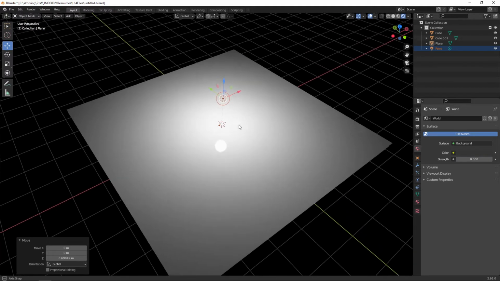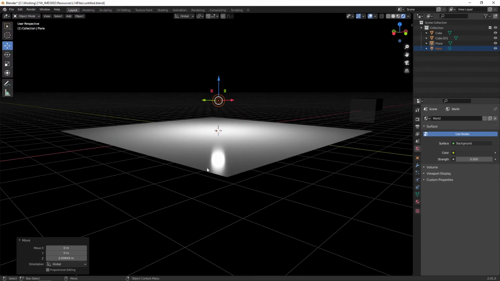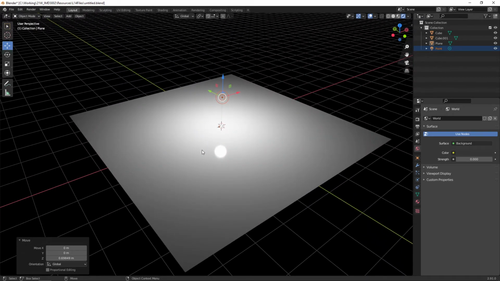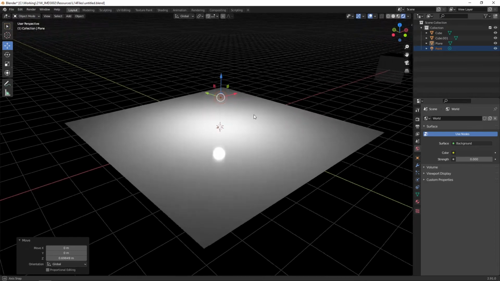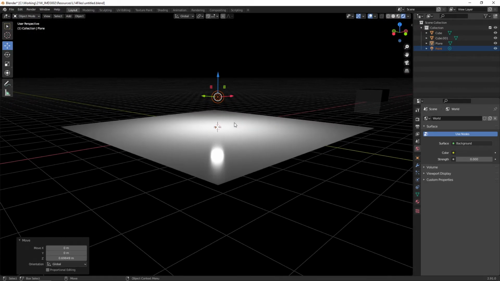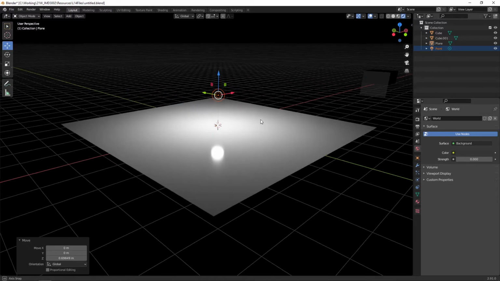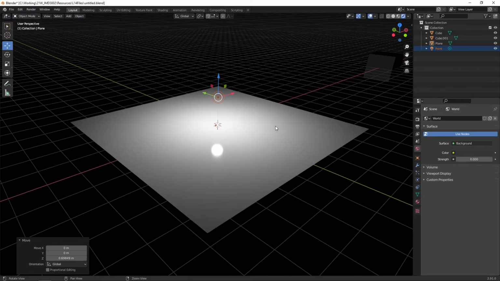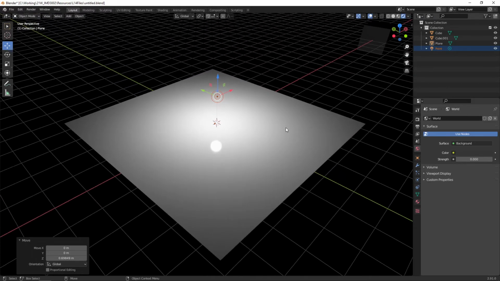So it's kind of interesting to note that with reflections, which are inherently different than diffuse shading, they actually move around, or appear to be positioned at different places on the surface of the object, depending on your view direction or the point of view from which you're viewing the object.